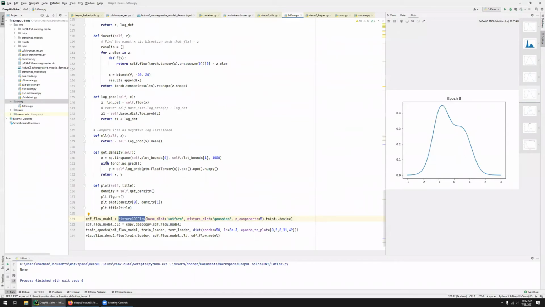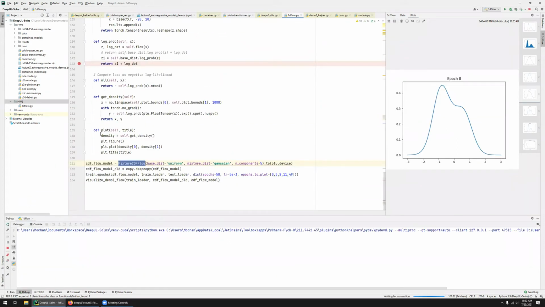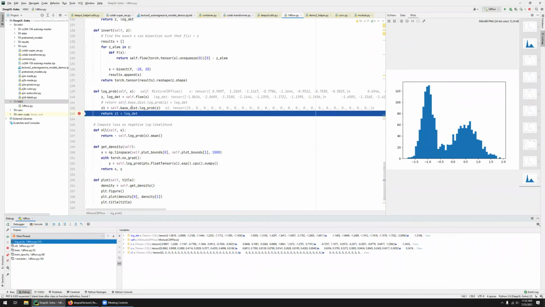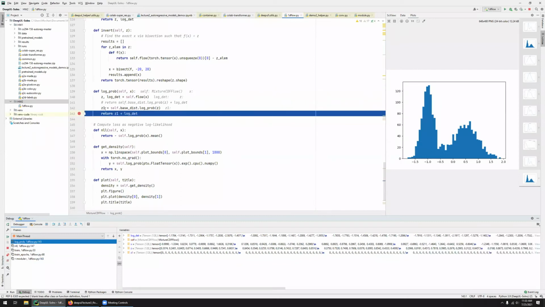One of the weird things that I found, I don't know if this makes sense, but if I actually run it, the base distribution log probability uniform of Z is always 0. Z1 always seems to be 0, so I don't know why that is.